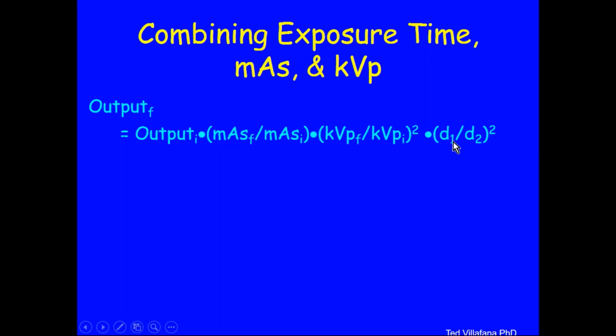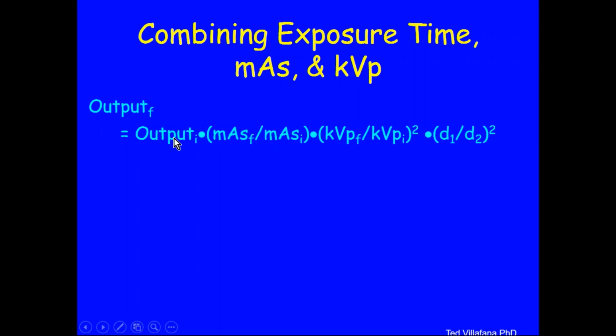And now if you also change distances, then you would have that D1 over D2 problem. Since it's an inverse square law, you have the final distance in the denominator and the initial distance in the numerator.